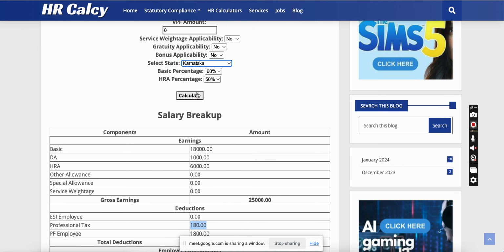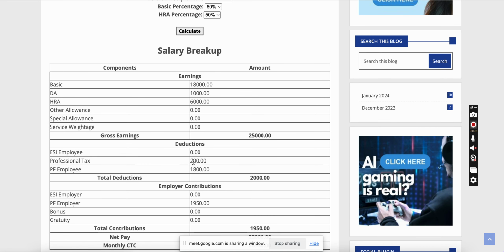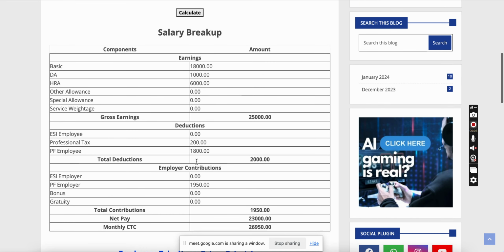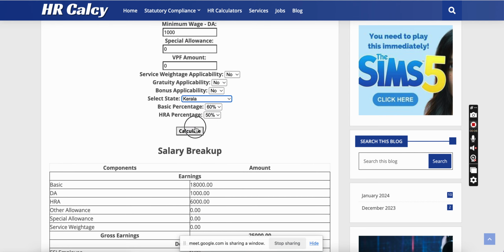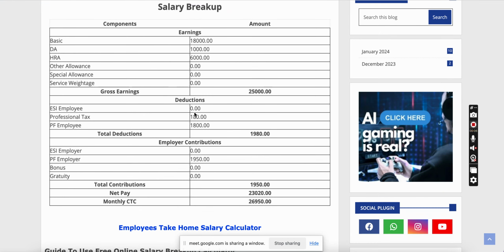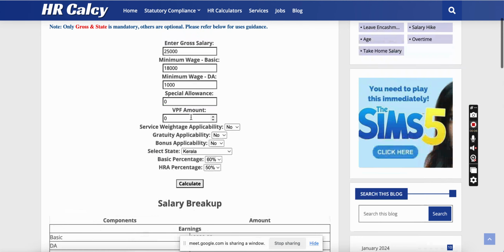If I make it for Karnataka, PT becomes 200 and take home is 23,000. If I make it Kerala and calculate, it is 180. Take home increased by 20 rupees because PT is reduced by 20.